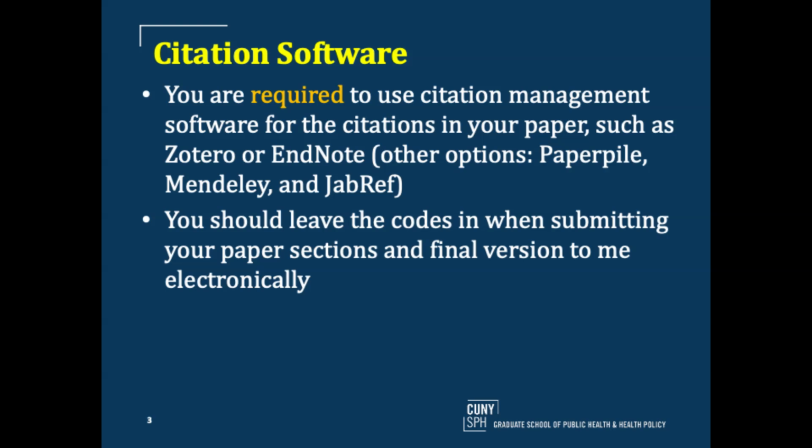EndNote you can download by going to CUNY SBH IT Resources for Students, and it's one of the downloads that will bring you to the CCNY libraries. So Zotero and EndNote are free to use, free to download, as are a lot of the other options that you can look into. If you haven't done so already, go ahead and download one citation software and start playing around with it, because it's going to start becoming really useful when you get deeper into the literature review.